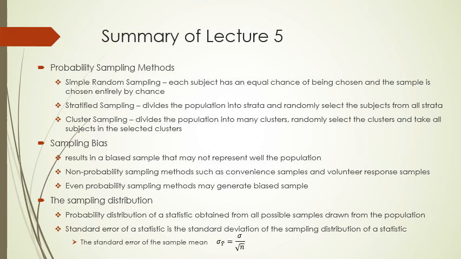Thus, the statistic is also a random variable. The standard error of a statistic is the standard deviation of the sampling distribution of a statistic. For example, the standard error of the sample mean is the population standard deviation divided by the square root of n.